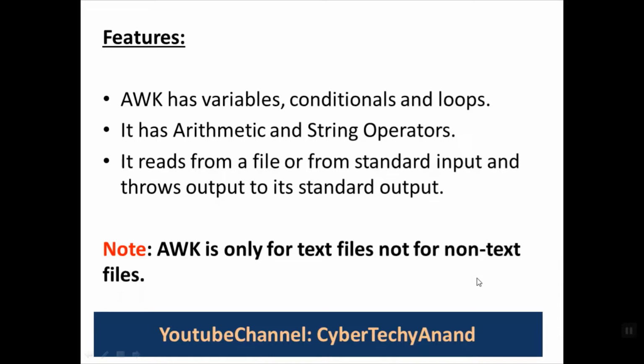It is mainly used to read from a file, or we can just pipe and send from the standard input. And it will throw the output to the standard output of the Unix system. But one thing you need to remember is that AWK is only for text files. It is not going to work for non-text files like binary files.